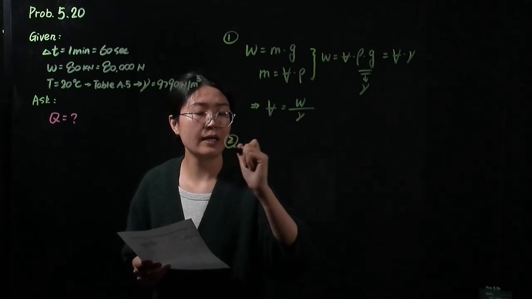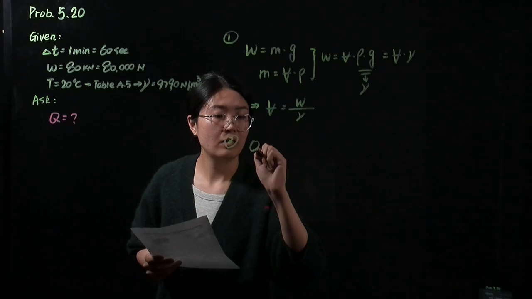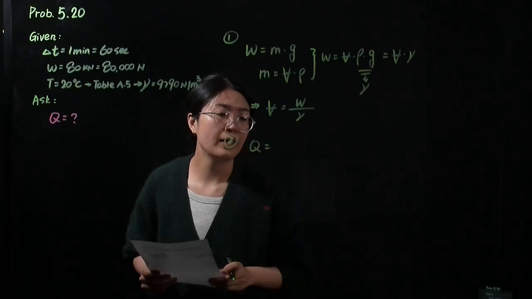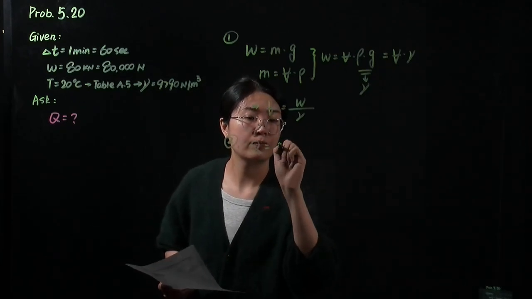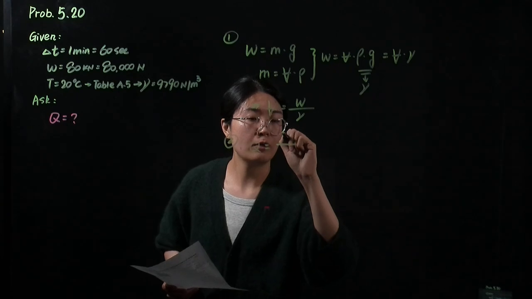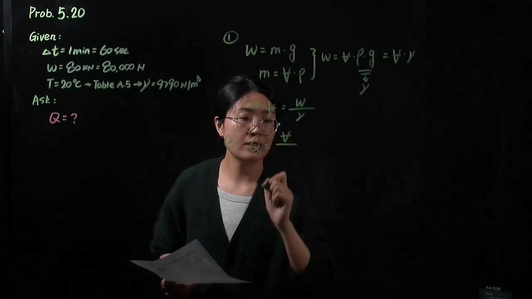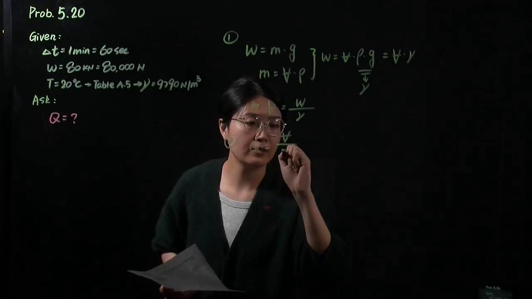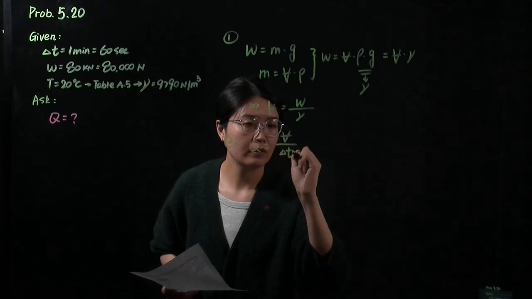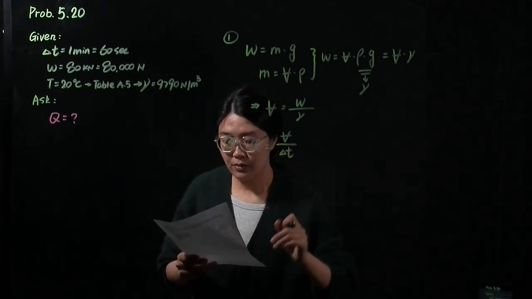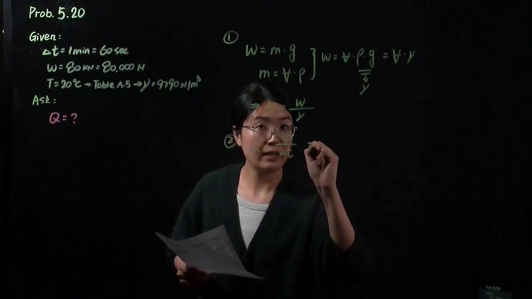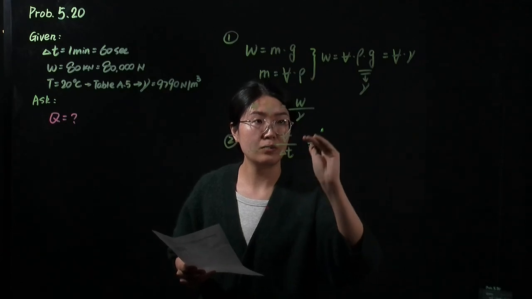And then in the second step, we can calculate the flow rate. The flow rate equals the volume of water changed in a specific time. So we can bring this value into this equation.